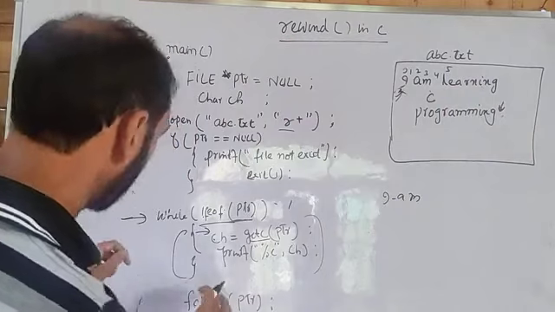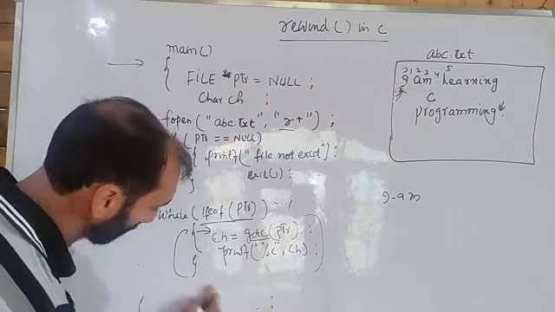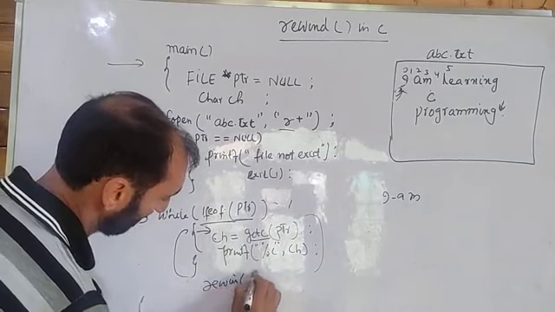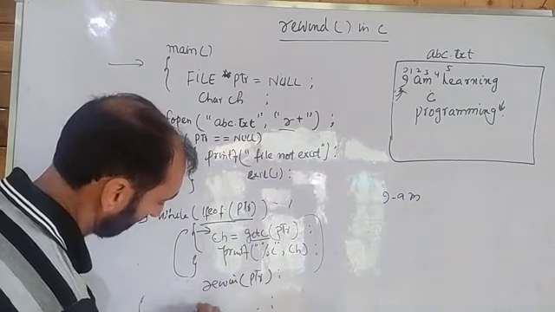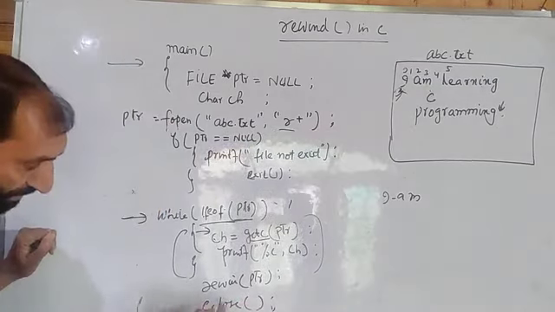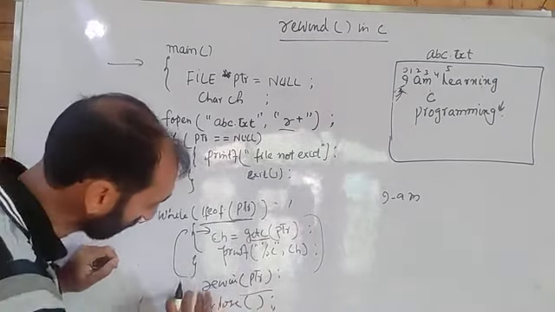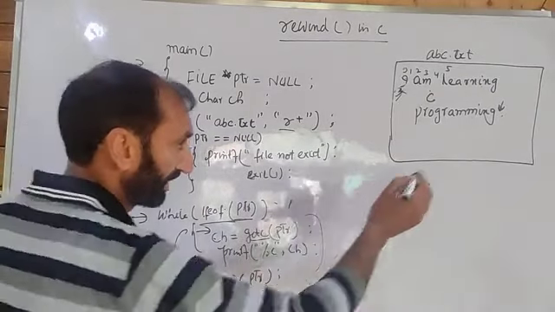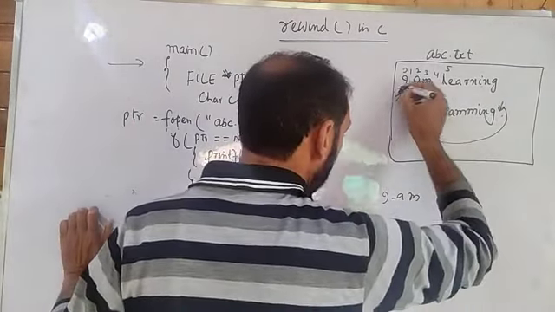Simply, before closing this file, we can write here rewind(ptr) and then fclose. After writing this rewind function, the cursor will be back at the beginning.